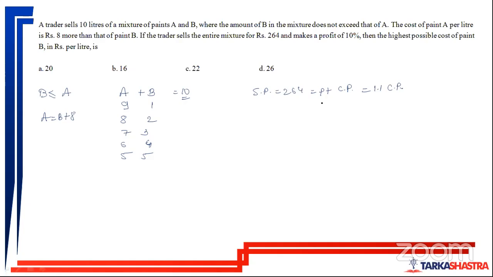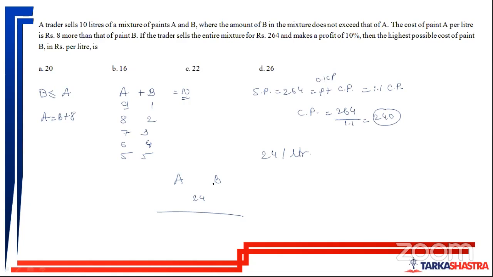Because the profit is nothing but 10% of cost price, that means 0.1 CP. So solving this, you get cost price equal to 264 divided by 1.1, which comes out to be 240 for 10 liters. That means the mixture was sold at 24 rupees per liter. So the mixture of A and B was sold at rupees 24 per liter.